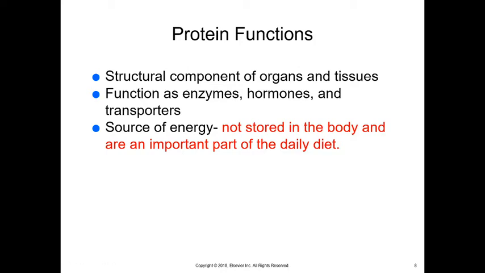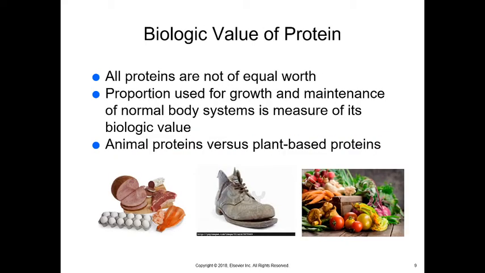Proteins are the structural component of organs and tissues. They can also function as enzymes, hormones, and transporters, and they are a source of energy. Now, proteins are not stored in the body, so they are an important part of your daily diet. There are different biological values of protein, and all proteins are not of equal worth.